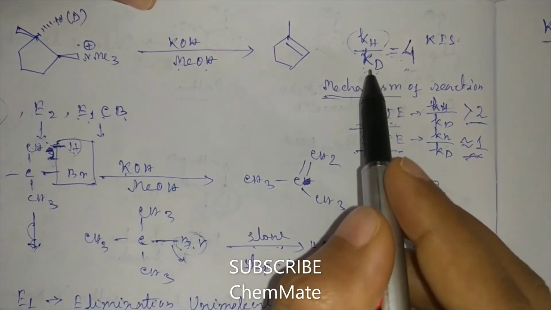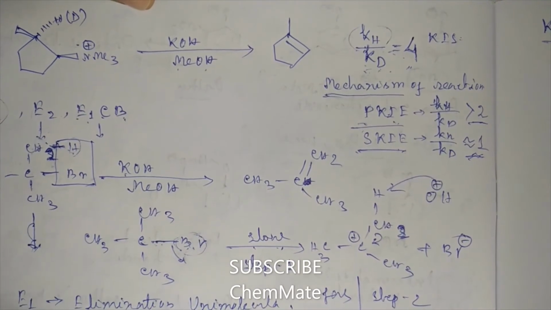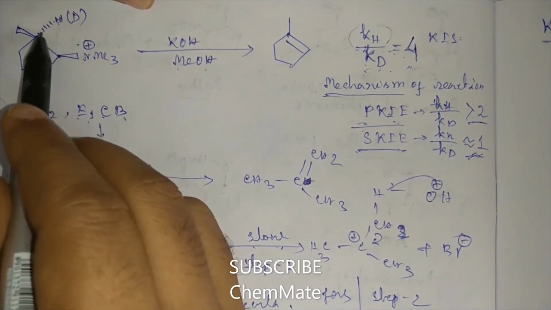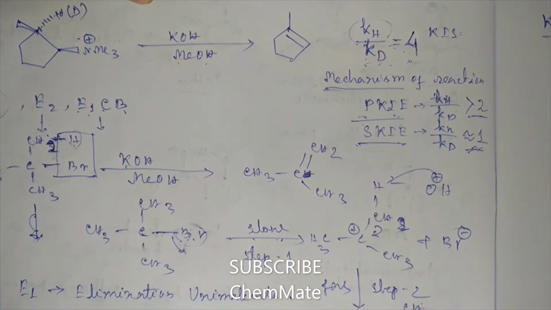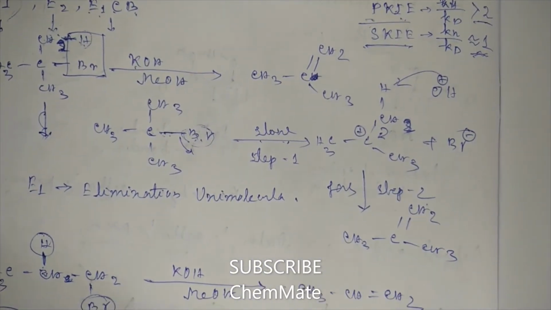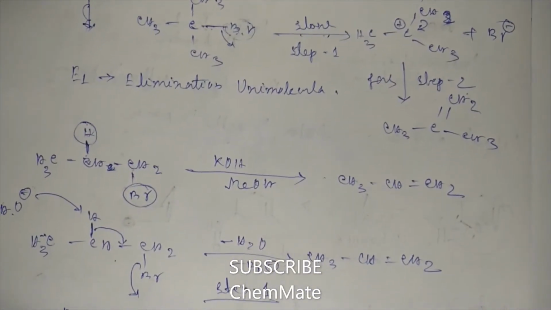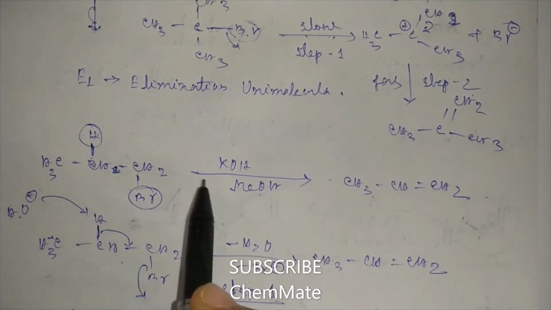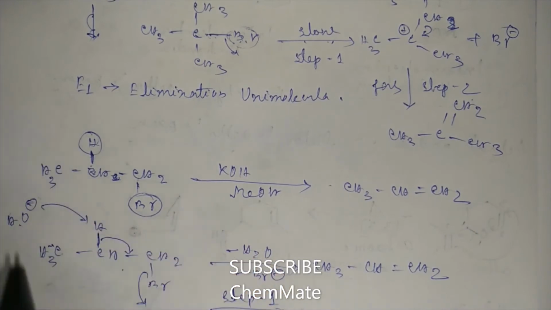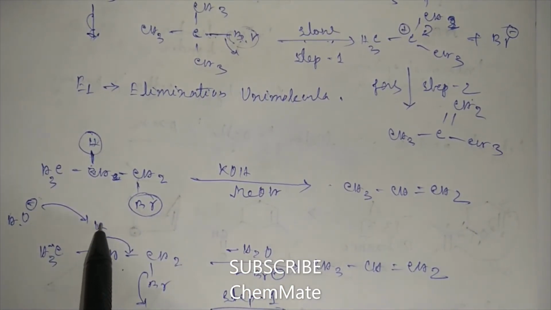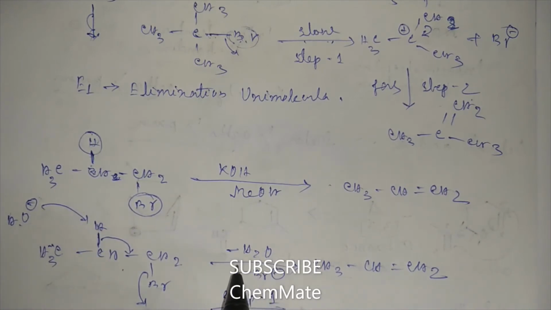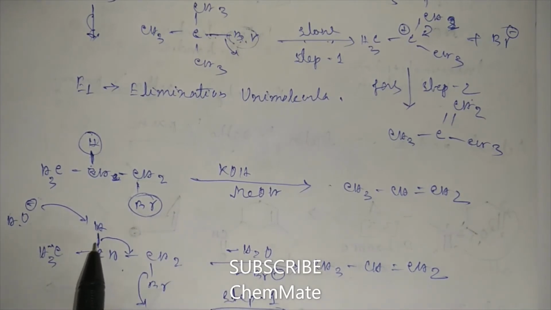So if primary kinetic isotope effect is observed, then the bond must break in the rate determining step. That means it must follow the E2 mechanism, because in the E2 mechanism only, this is a single-step reaction and this CH bond is broken in the rate determining step. So primary kinetic isotope effect will be observed in this case.